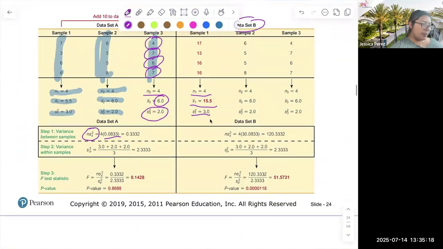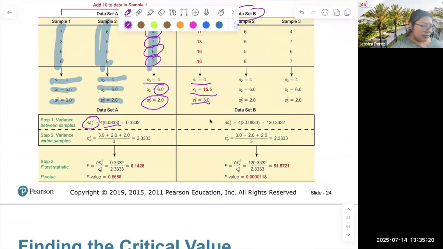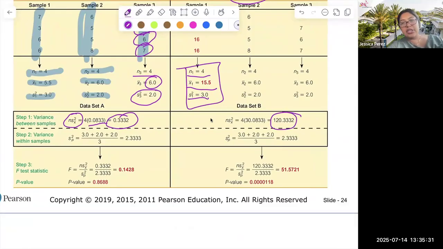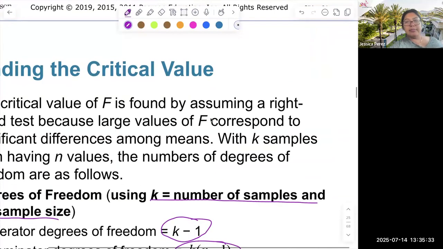So looking at the data that we're given, we have the sample variances 0.1333 and 120, and that is because just adding that 10 dramatically changes the value.